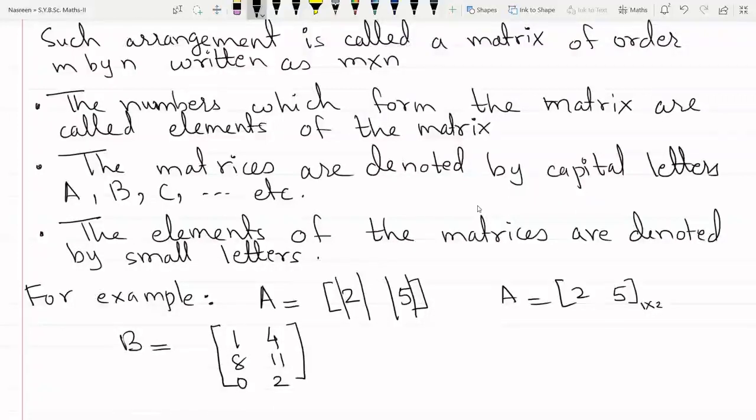Let us denote this matrix by the capital letter B. This matrix has 2 columns and 3 rows. So the order of the matrix is 3 cross 2, or 3 by 2, 3 rows and 2 columns.